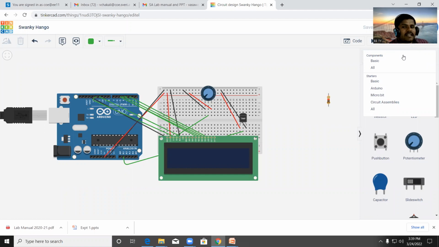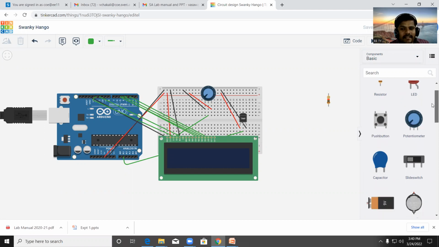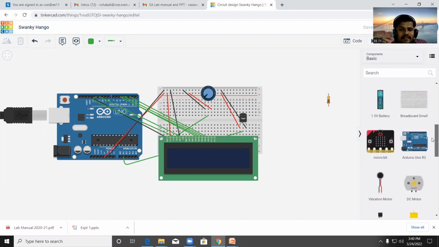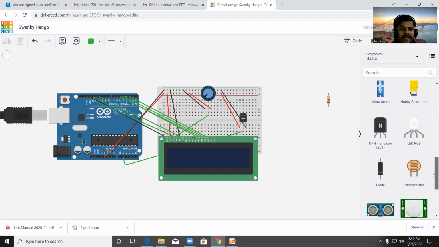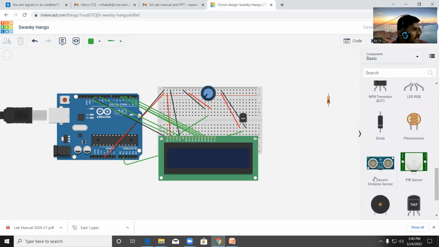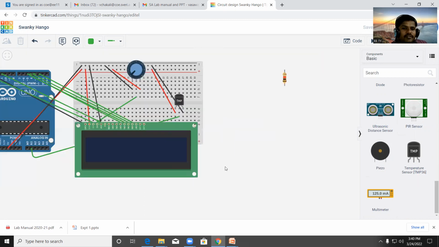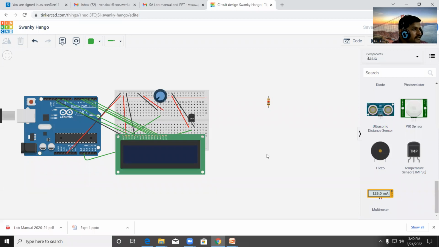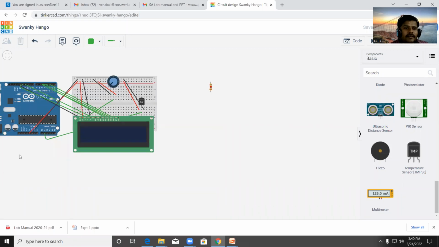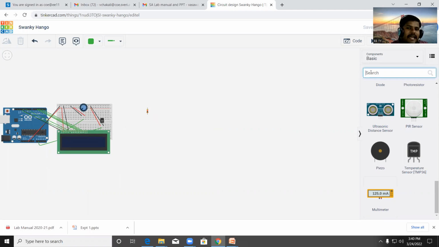On this side there are components: resistance, LED, push button, potentiometer, capacitor, diode, ultrasonic distance sensor, PIR sensor, and temperature sensor, that is the LM36 temperature sensor. First you choose that sensor.